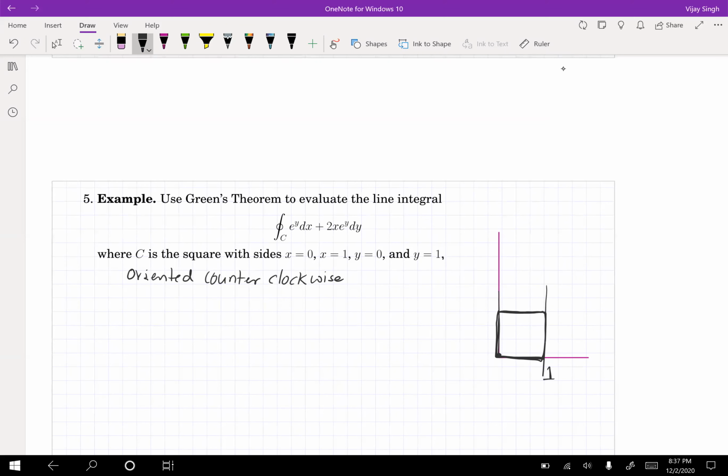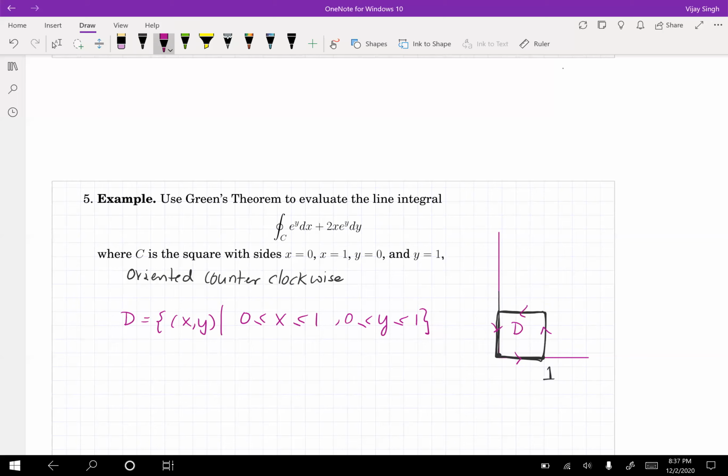Okay. So again, let me do the orientation here. So this is the orientation. This is your C, and the region it encloses, D, is the following. What is D? D is essentially this square where x is between 0 and 1 and y is between 0 and 1 as well.